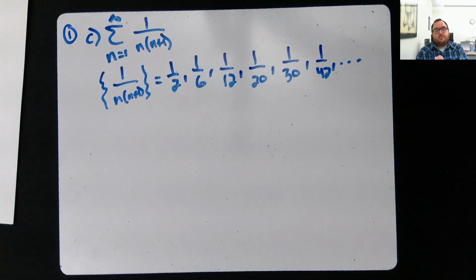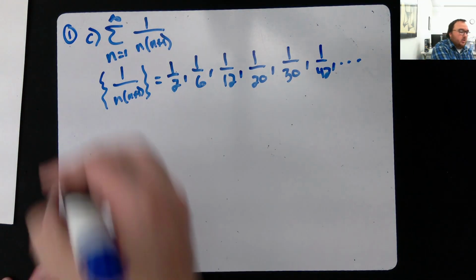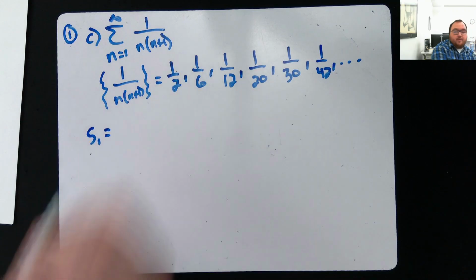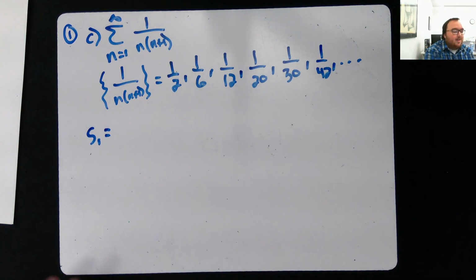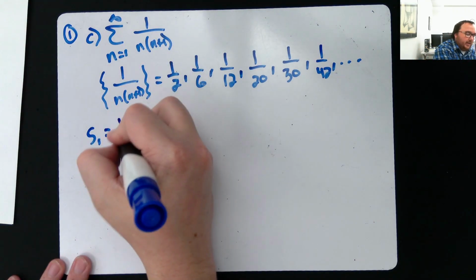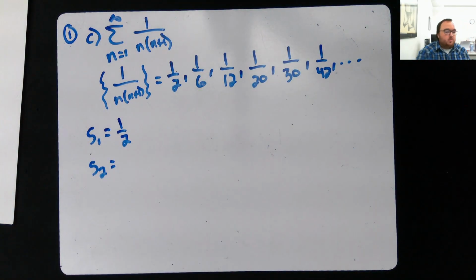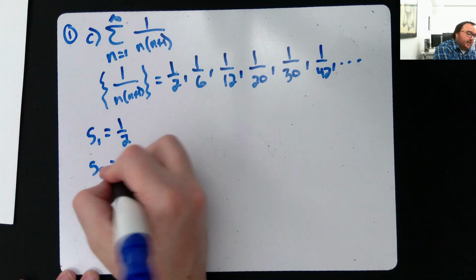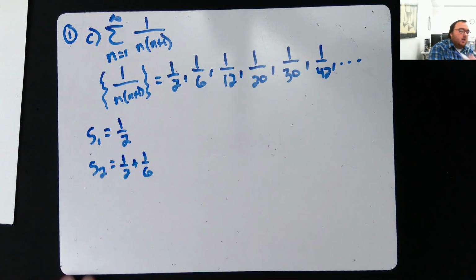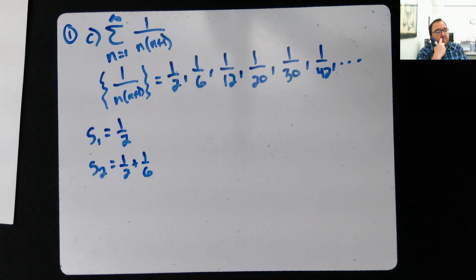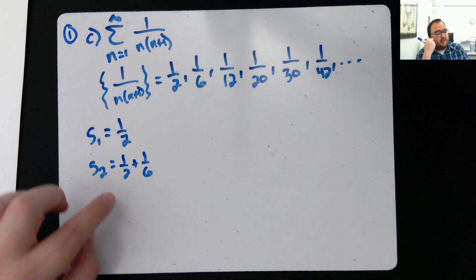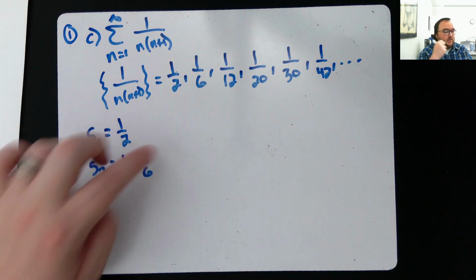On and on. So first, S1, the sum of my first one term. My first term is 1 half. Easy enough. S2 is the sum of my first two terms. So 1 half plus 1/6. Common denominator there would be a 6. So need to times this by 3. 3 plus 1 is 4.